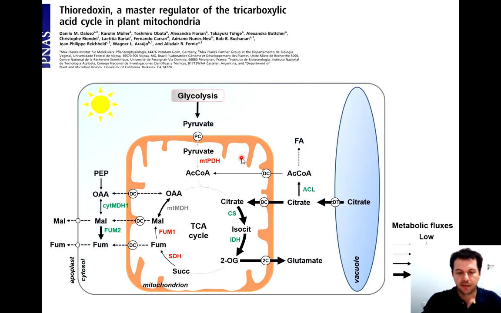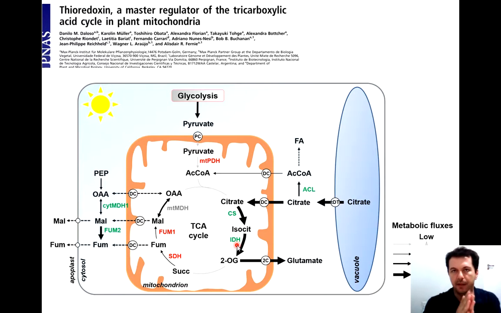Another thing in plants is that we also have this paper showing how the TCA cycle is regulated. This is from my PhD. We have shown that these two enzymes here are inactivated by thioredoxins, and some of the enzymes in the cytosol are activated, and these enzymes here are also activated.